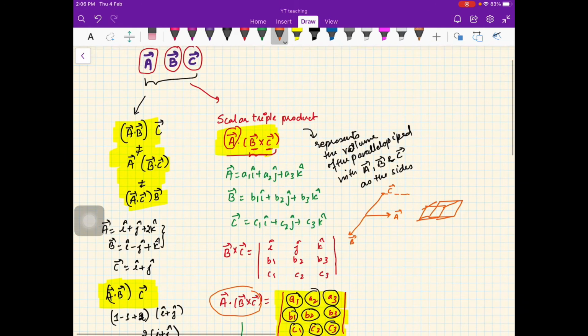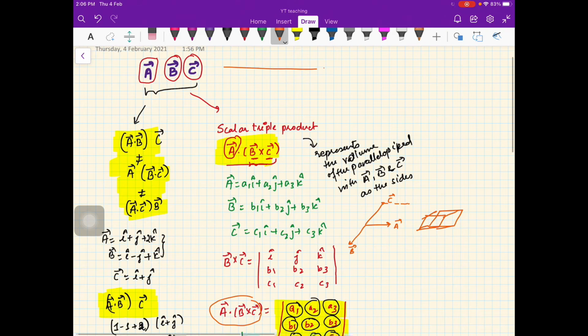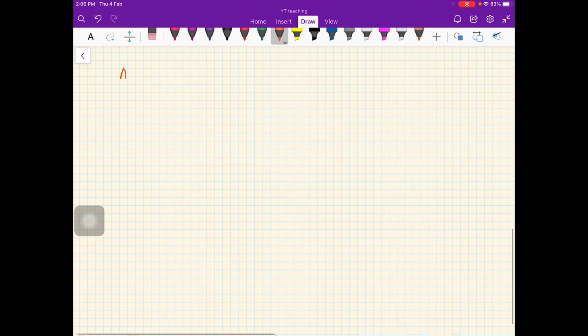Fine. Okay, then we have the last one, which is called vector triple product. So let me explain it downwards. You have three vectors A, B and C. I am saying vector triple product. So vector triple product is A cross (B cross C), right?